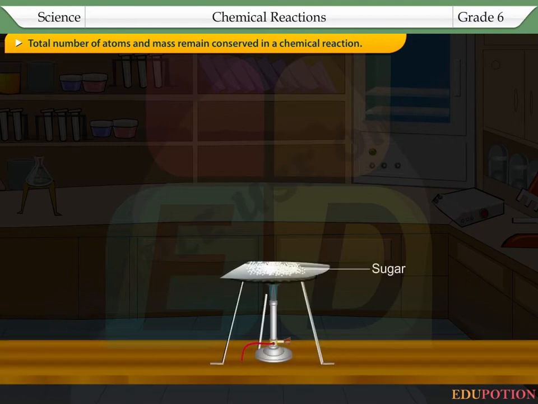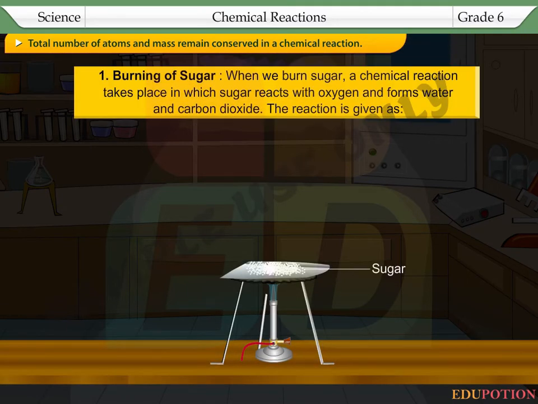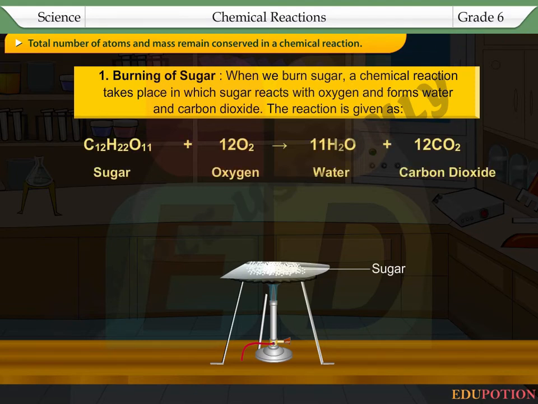The first example is the burning of sugar. When we burn sugar, a chemical reaction takes place in which sugar reacts with oxygen and forms water and carbon dioxide. The reaction is given as C12H22O11 plus 12O2 gives 11H2O plus 12CO2.